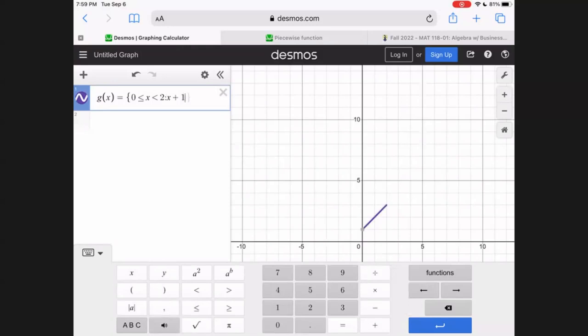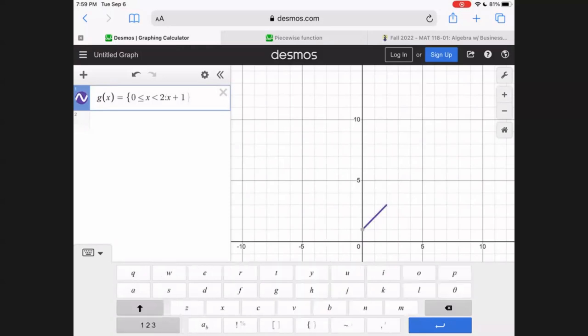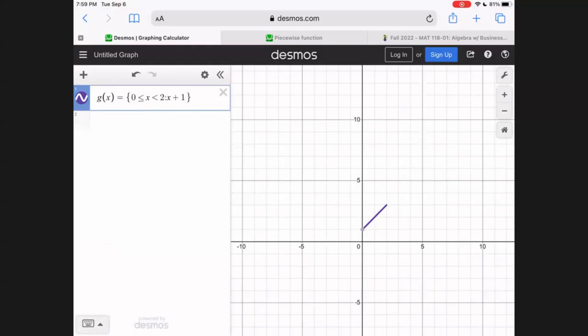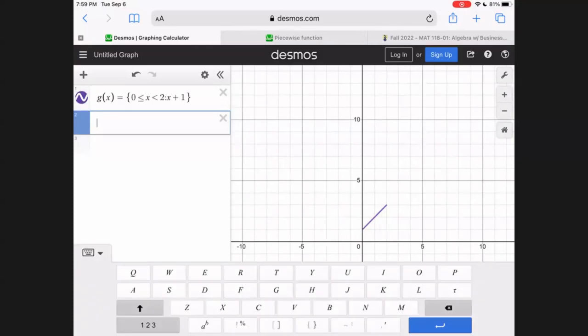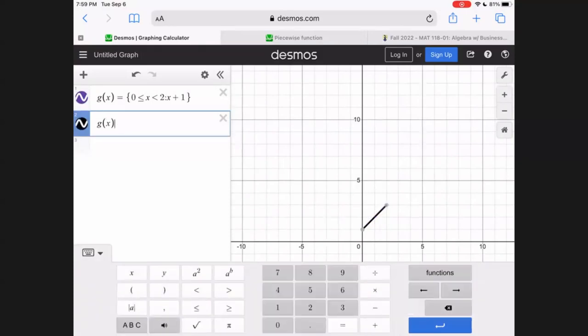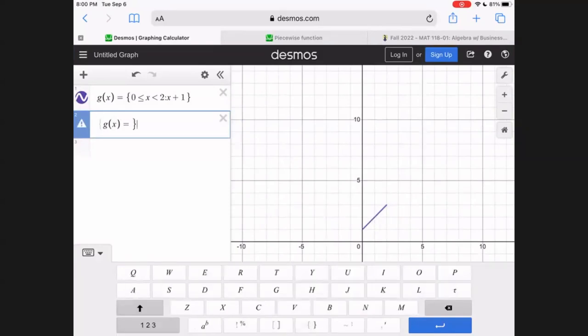And what do we notice? It's already filling in for us right here, right? From 0 to 2, we see this tiny little line. For the next one, we want to do the same thing. g of x equals, and then do your curly bracket.